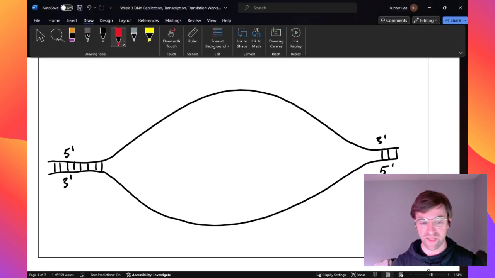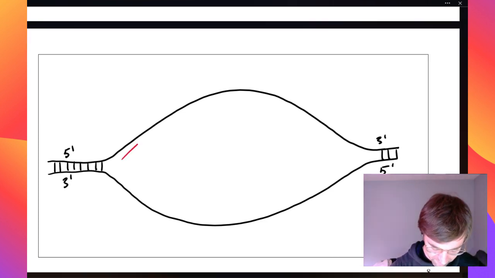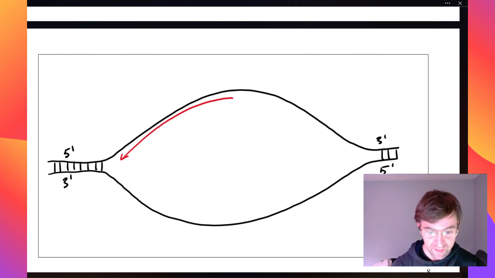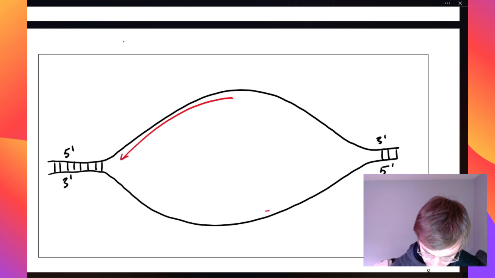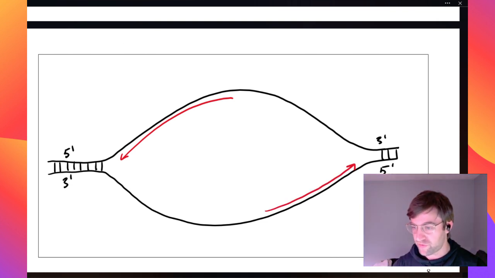So red is going to be our new DNA going in this direction. So we're always going in the 3' to 5' direction is the overall direction of replication.